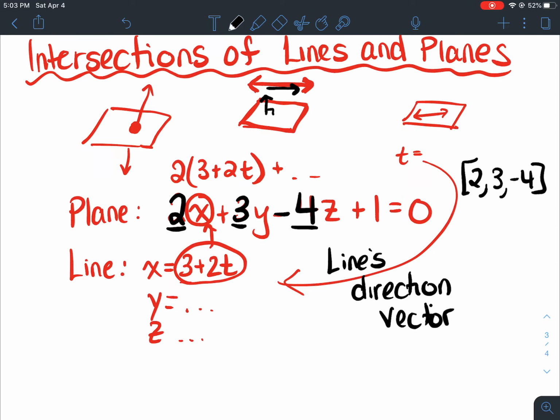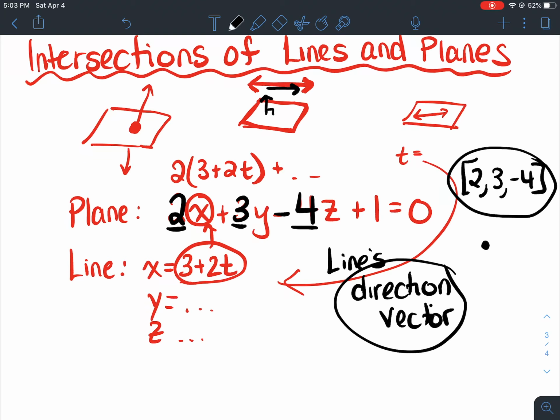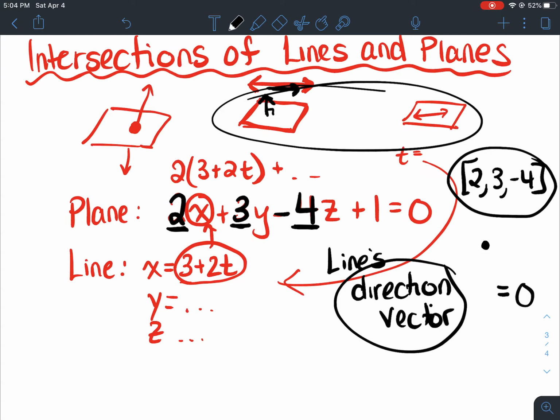So if we did the dot product between this and this, it should equal 0 if they are parallel, because this would be perpendicular to this. And we know 2 perpendicular vectors have a dot product equal to 0. So we could check by taking the coefficients and doing the dot product with the direction vector to see if that equals 0. Then we know they're parallel and it will be one of those 2 cases. Okay, so that was intersections of lines and planes.